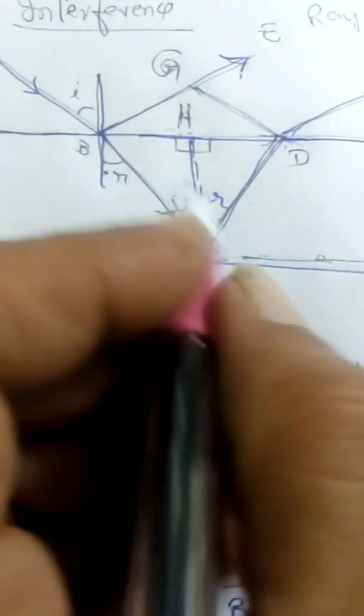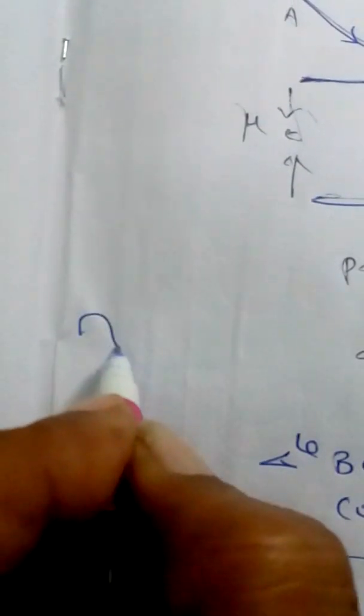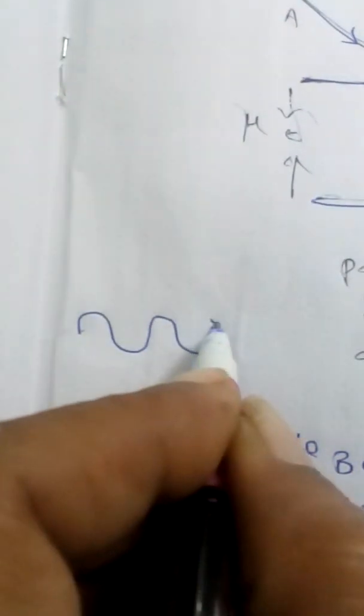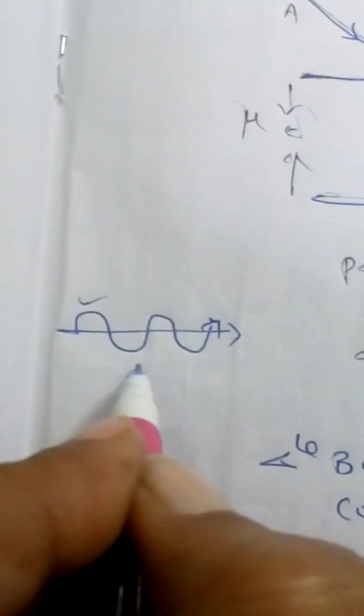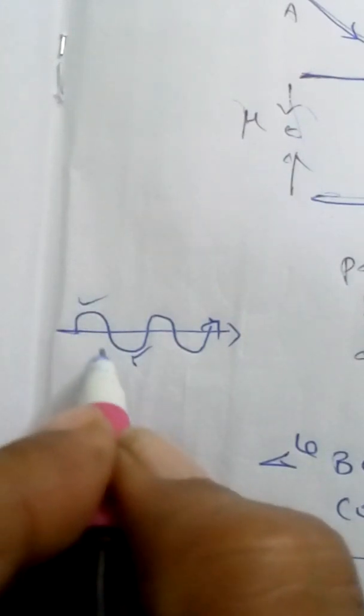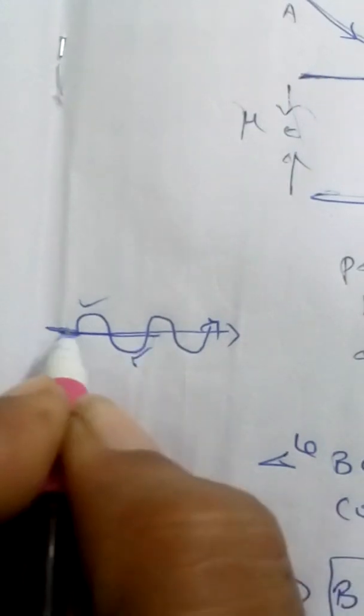Here one interesting thing you can observe. Let me give you a small hint. Suppose you have taken a wave like this, traveling. This is the propagation, crest and trough. There is a phase difference of 180 between crest and trough.